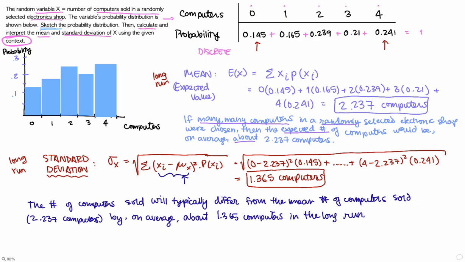All right, so over here, similar for the mean, we included keywords here. The number of computers sold will typically differ from the mean, right? We're differing from something. That's going to be the mean. From the mean number of computers sold by, on average, about 1.365 computers. That's actually our standard deviation.